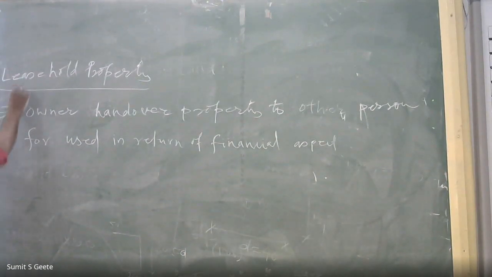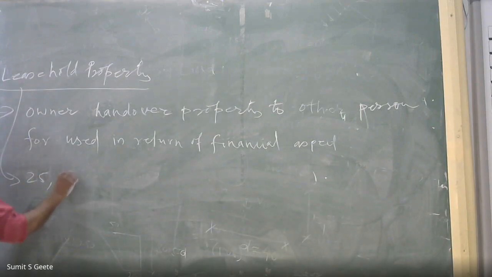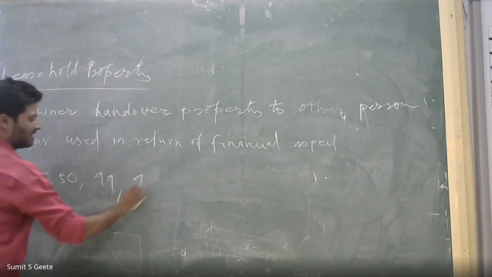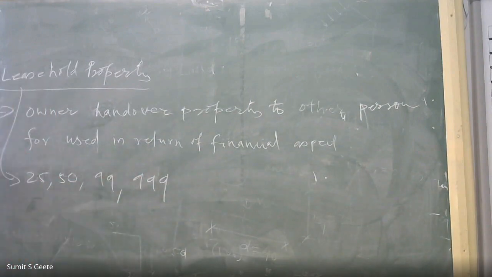Generally, a lease is of say 25 years, 50 years, 99 years, 999 years.